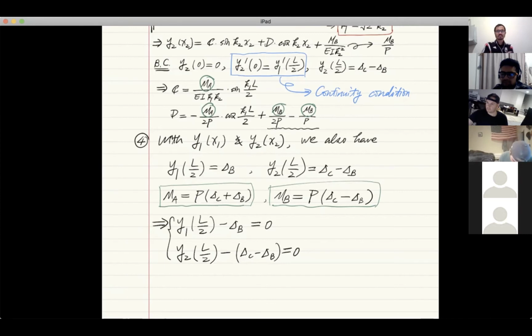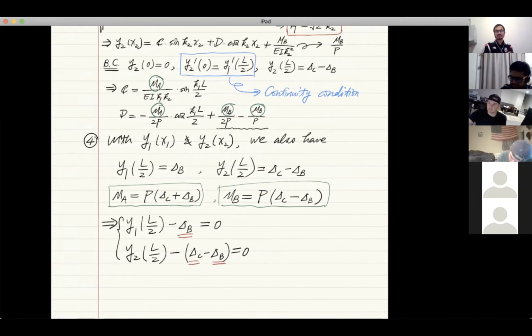What we're going to do is just like the approach that we did in the last example. We're going to write the whole thing in the matrix form. So we're going to take everything, rearrange everything based on delta B and delta C. So if you do that, the first expression can be written as this.